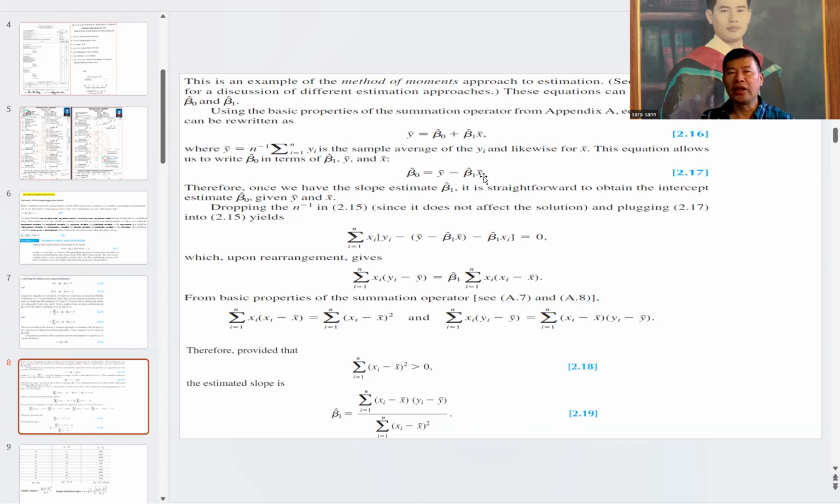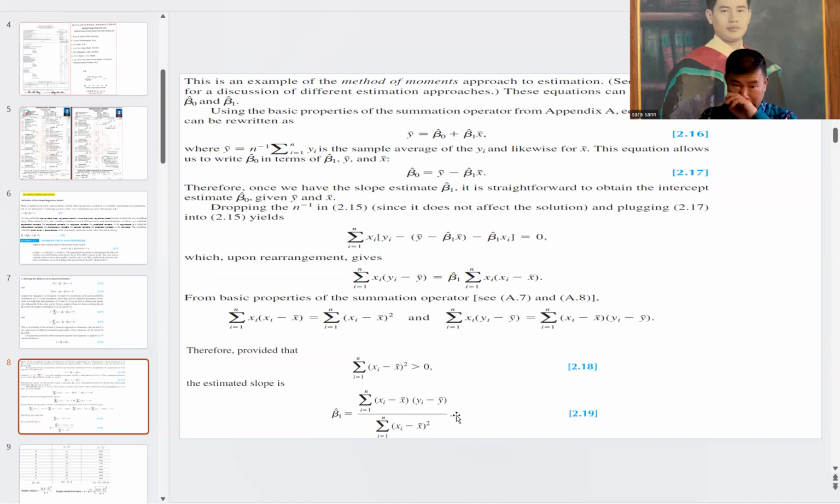They want to calculate the estimator, how beta 1 hat estimates beta 1. How do we get equation 2.19, which equals the summation from i equals 1 to n of xi minus x bar multiplied by yi minus y bar? This is the correlation between the two variables. How do we get beta 1 hat, or the estimator, in an equation like this?